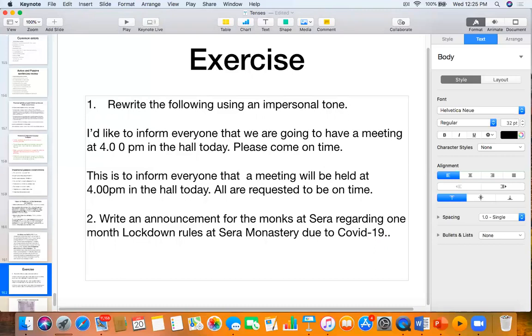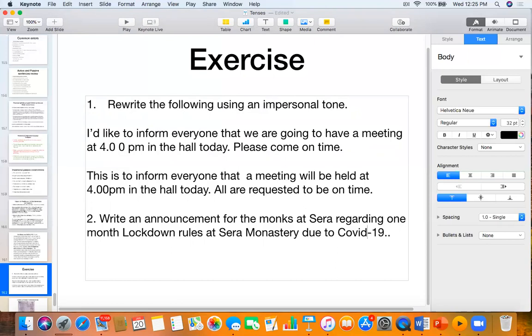This is to inform that there will be a lockdown starting from today for 1 month. And the rules will be: everyone should stay in their home. All are requested to be in their own homes.